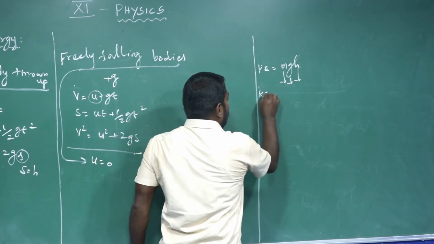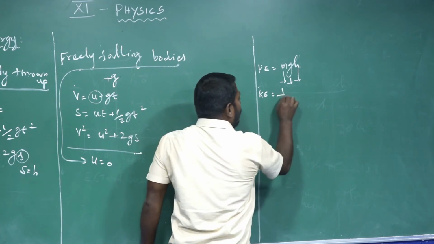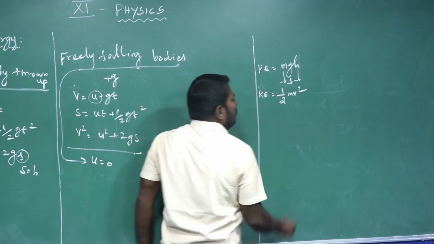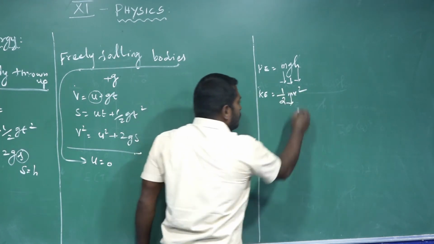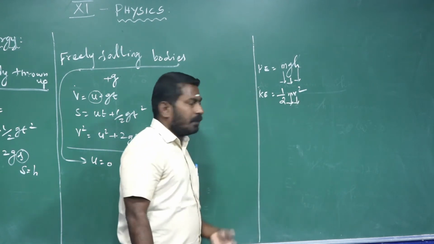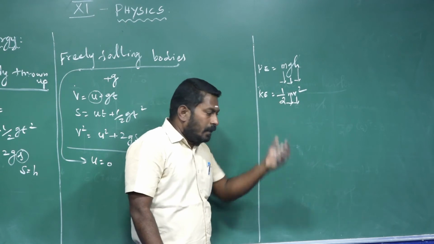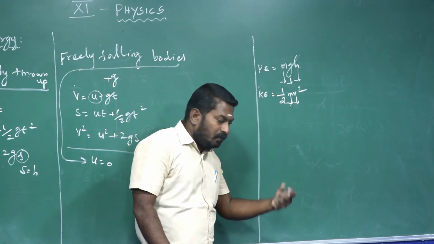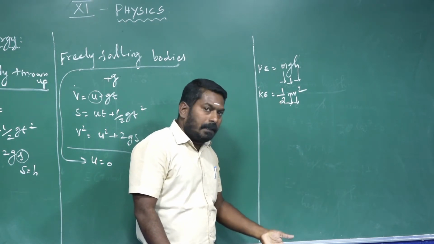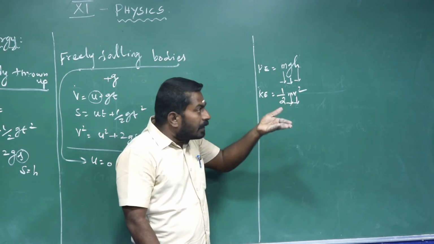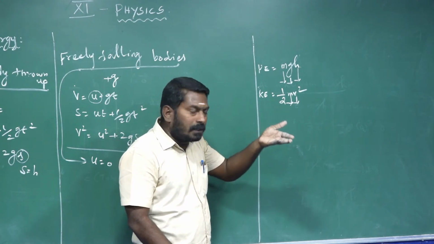Then, kinetic energy is half mv square, where m is the mass of an object and v is the velocity of an object. If a body is thrown vertically upward, at the instant of throwing, velocity is maximum. But as the body goes upward, velocity decreases at a constant rate.